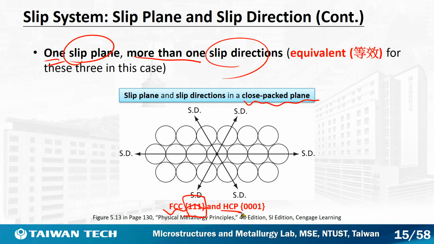For HCP, 0001 is also a close packed plane. And here we can draw 3 different directions. So one slip plane can have more than one slip direction. For example, we have 3 here, and all of these 3 directions are equivalent.